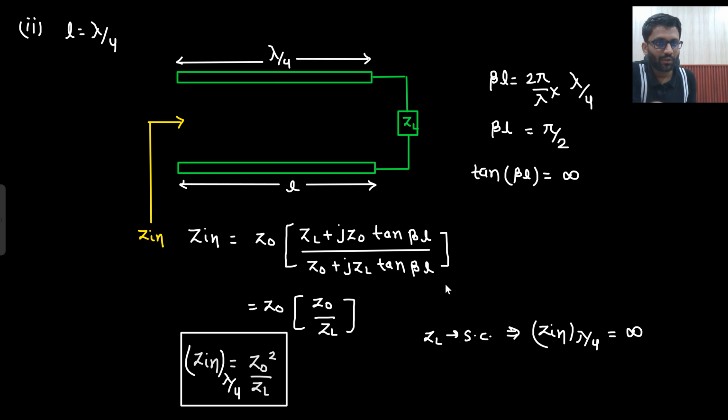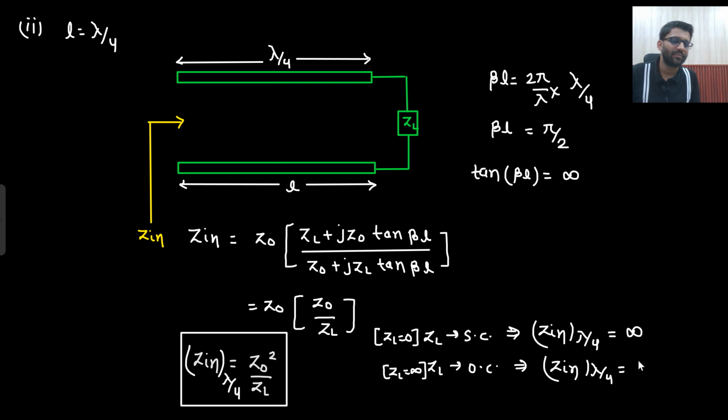So for a short circuit load, your input impedance is open circuit. If ZL was open circuited, that means ZL is equal to infinity, then Zin would become 0. So for an open circuit load in lambda by 4 line, you get a short circuit input impedance.